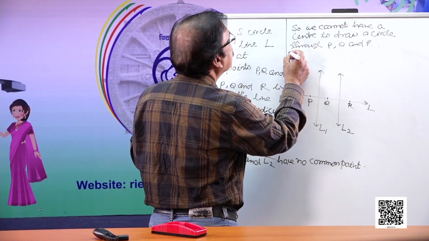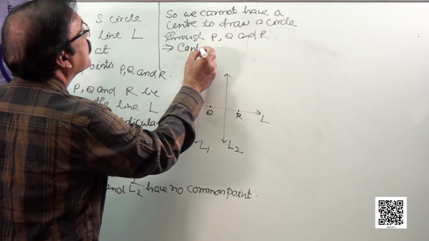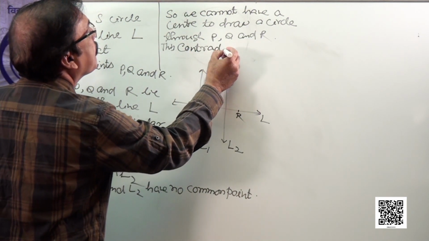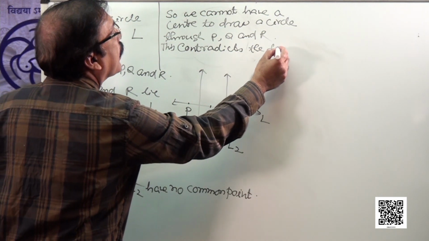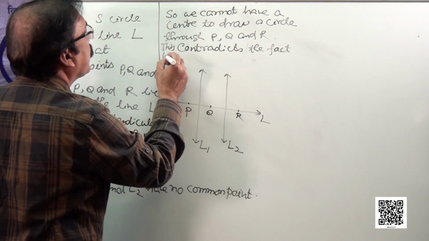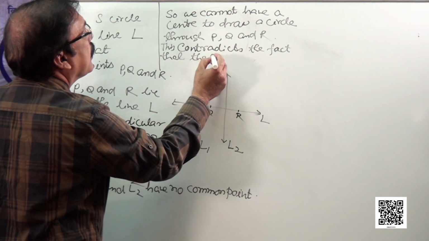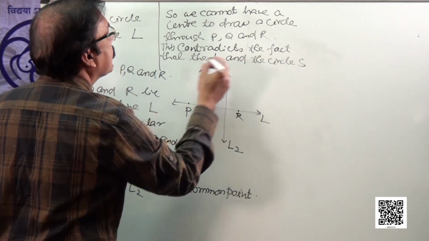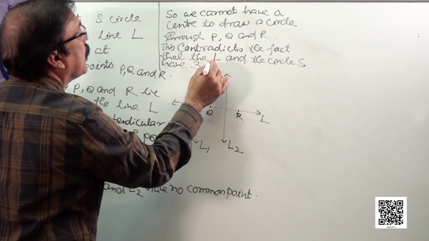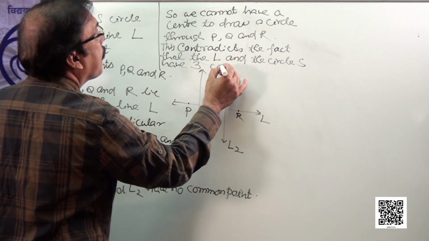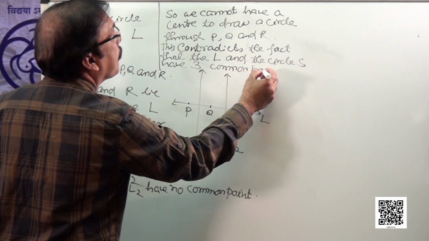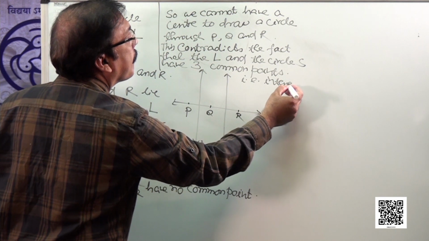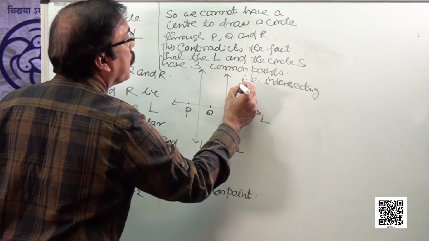So this contradicts the fact that the line L and the circle S have 3 common points, that is, intersecting points.